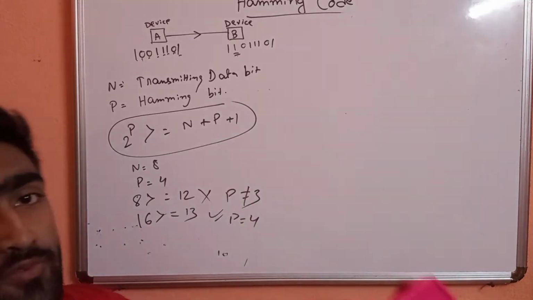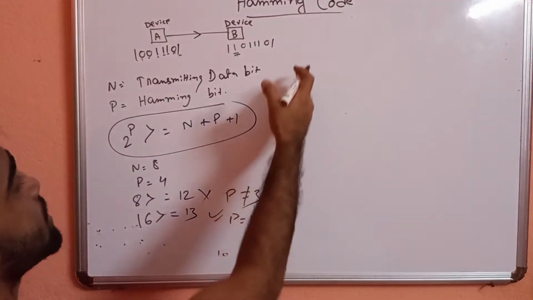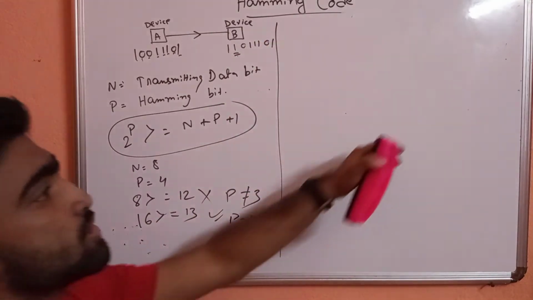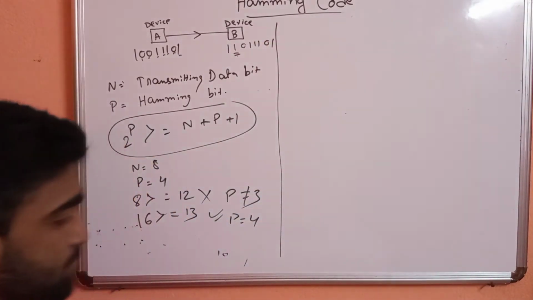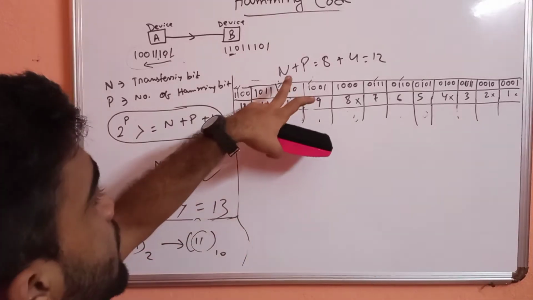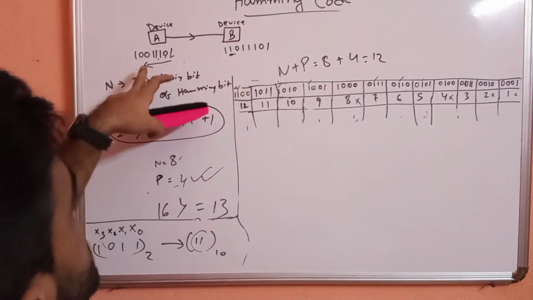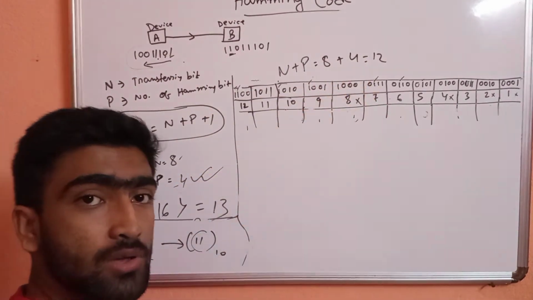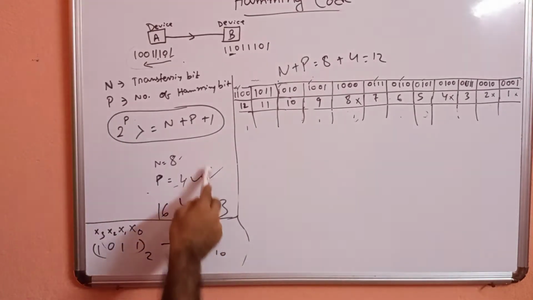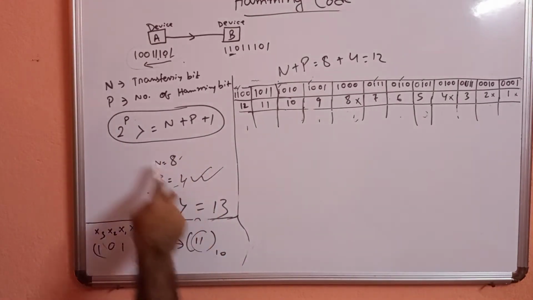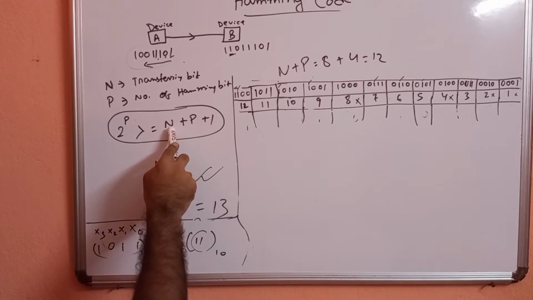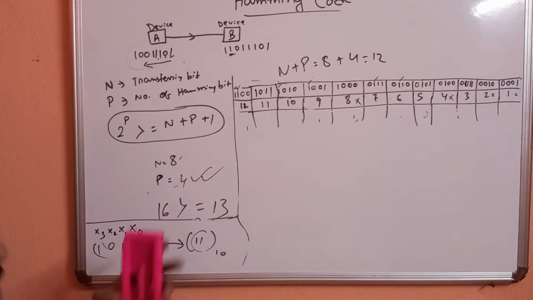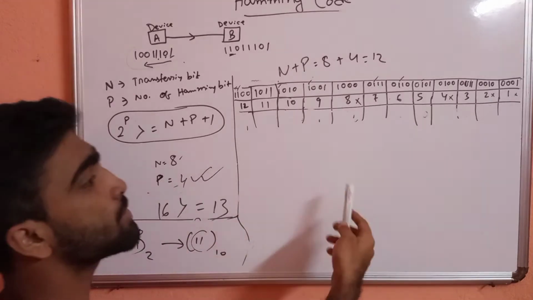Now how to find the Hamming code for this set of data? So our n is 8, that means 8 bits will be transferred from A to B, and p is 4, which is the number of Hamming bits. We already calculated it by this relation.